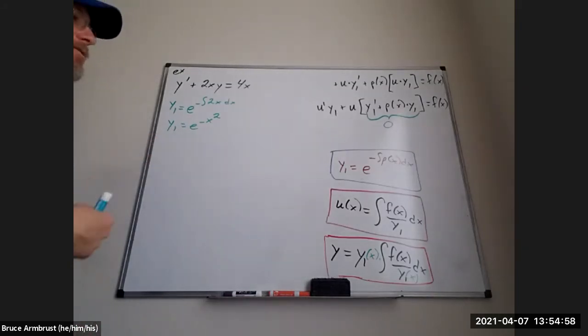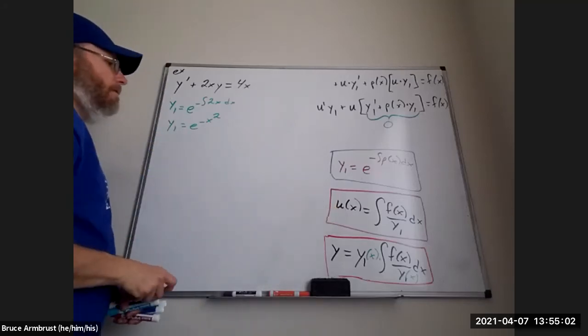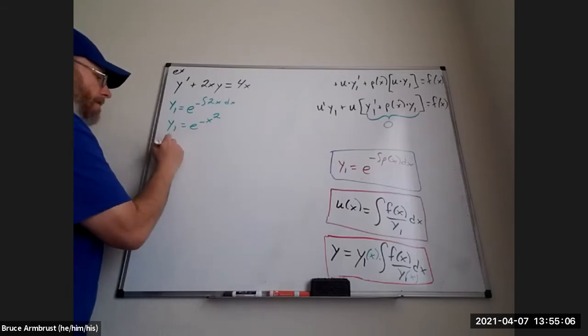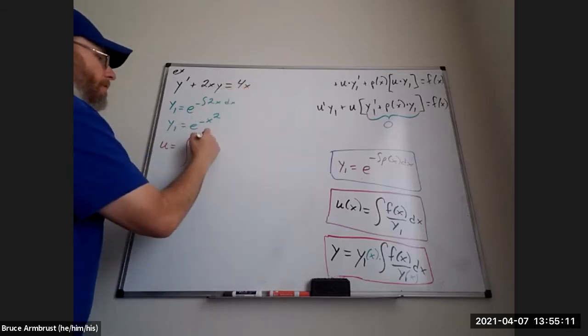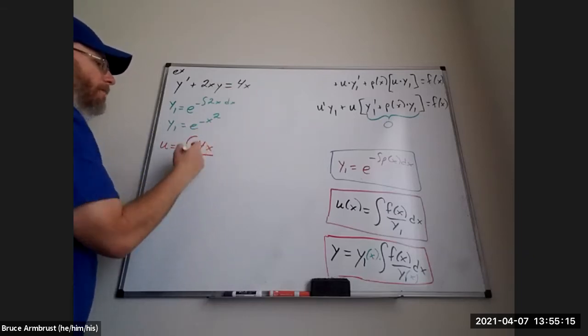But now we're going to use that to find our integrating factor. So we're going to get our u then. It's going to be the integral of f of x, so 4x, divided by y1.